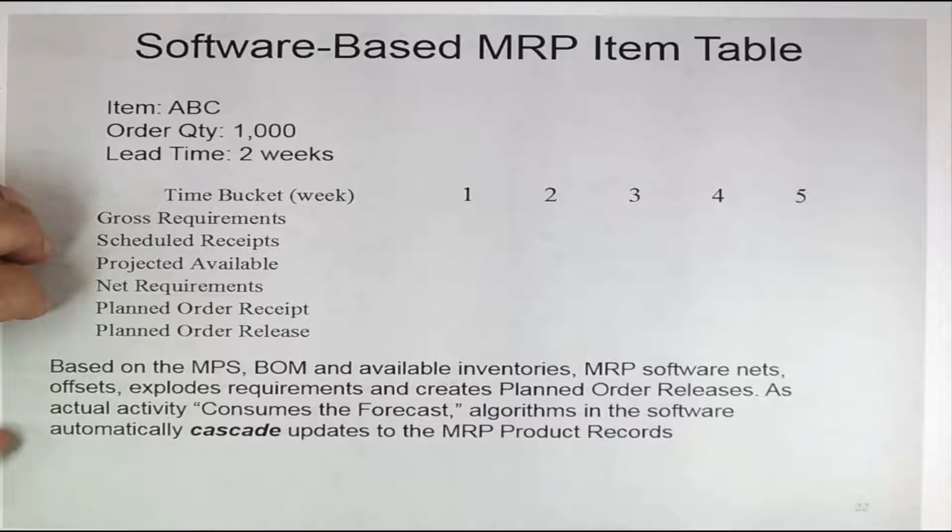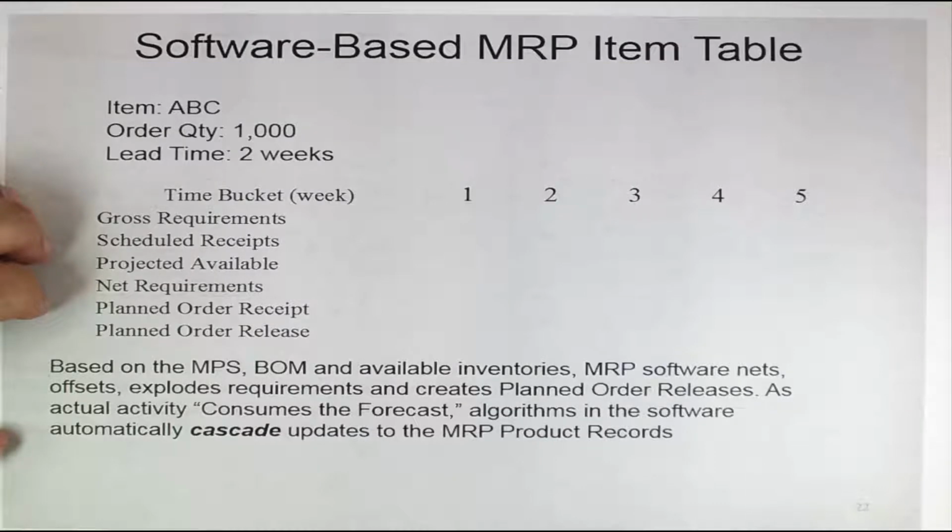So what we're looking at is a really important slide, and we'll see it multiple times throughout our modules. If it seems a little confusing at the beginning, not to worry, because we will continue to explain and elaborate and use examples. What we're looking at here, as the title indicates, is what's called a software-based MRP item table, Material Requirements Planning Item Table.